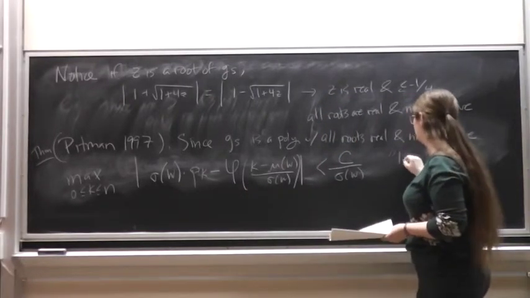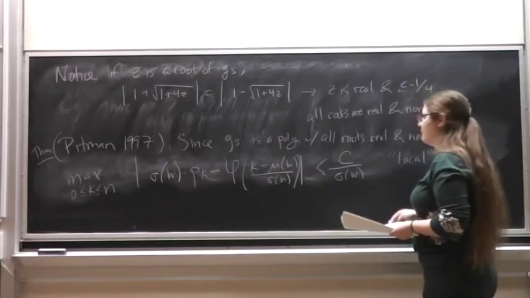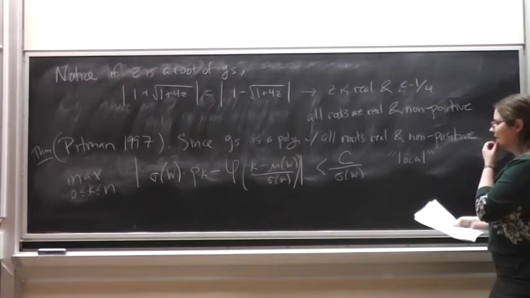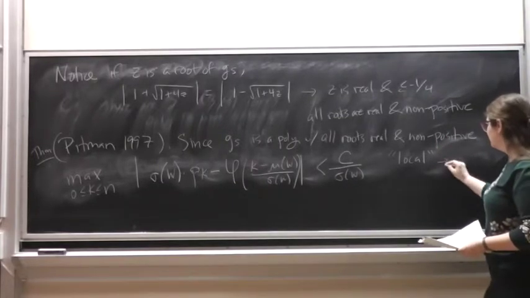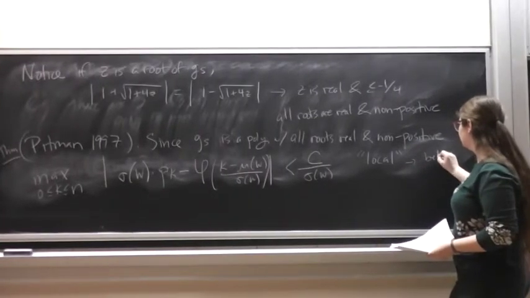This is what we call a local approximation with normality. So individually, the coefficients look like a bell curve.